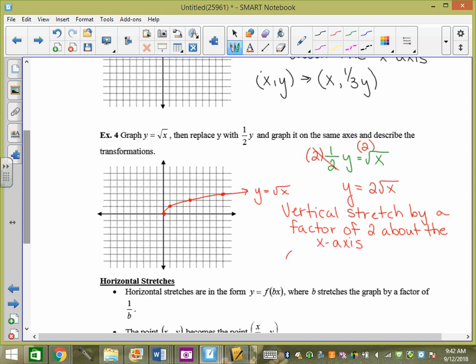And my mapping is now going to be x, y becomes what? x, 2y. So all my x's stay the same, my y can multiply by 2. So invariant, which we knew was going to happen. x is 1, y becomes 2. x is 4, y was 2, so it becomes 4. x is 9, y was 3, so it's going to become 6.